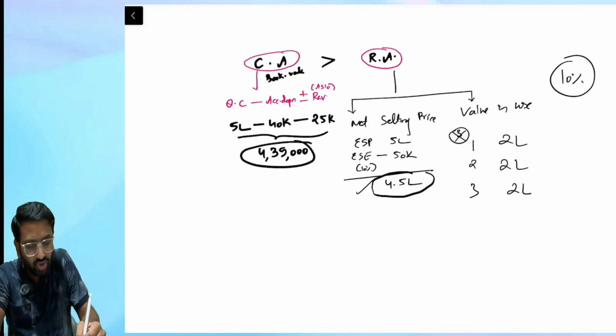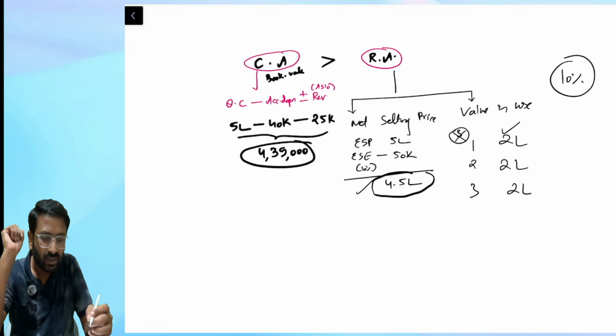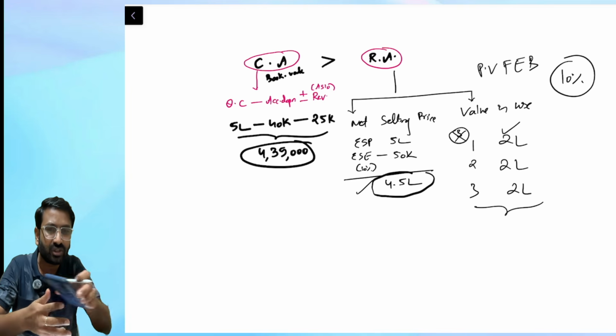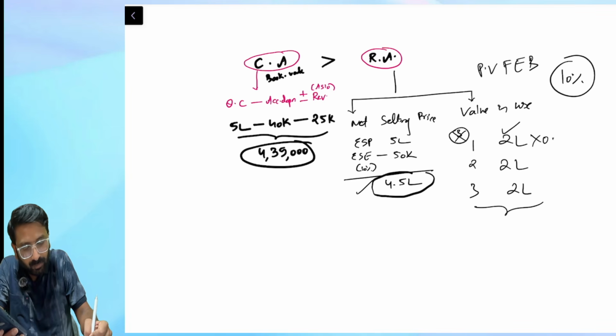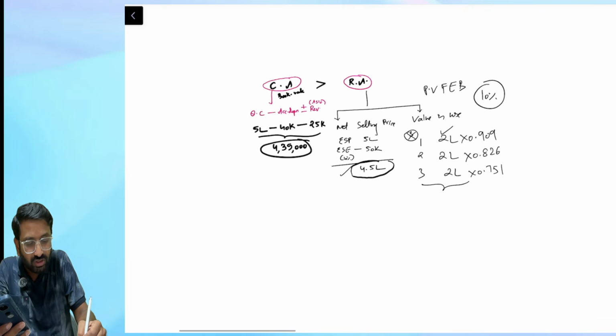These future economic benefits are future values, so you need to find out the present value of the future economic benefit. At 10%, 2 lakhs into 0.909, 2 lakhs into 0.826, 2 lakhs into 0.751. Simplify all this, total that, and that will give you value in use.